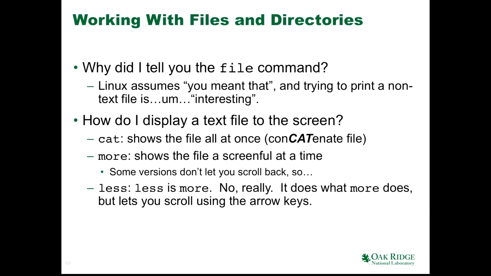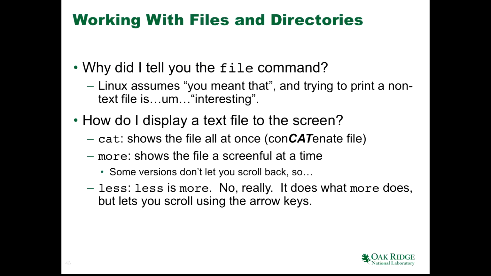Sometimes you want to display the contents of a file to the screen. We talked about the cat and more commands, or I listed them earlier. Cat shows the file all at once. It will scroll by on your terminal very quickly. The more command shows you the file a screen full at a time. Now there are different versions of more out there.